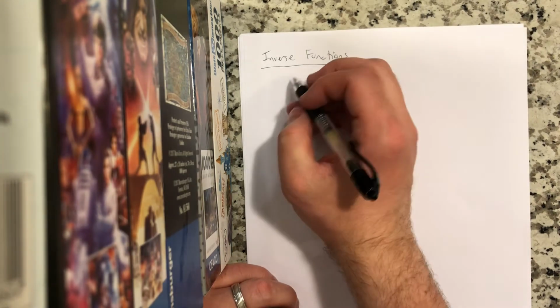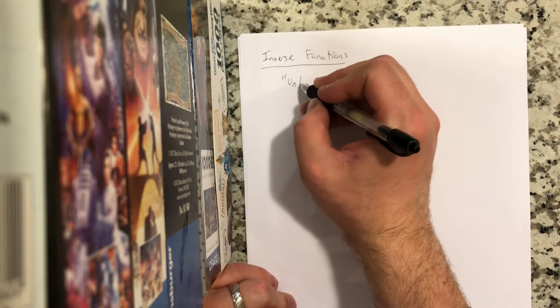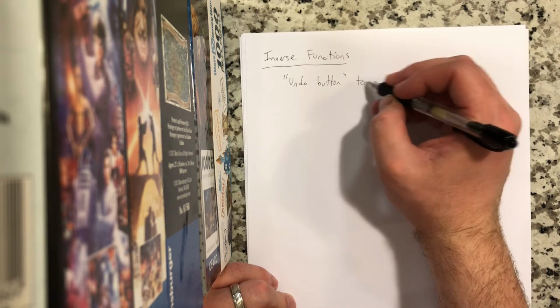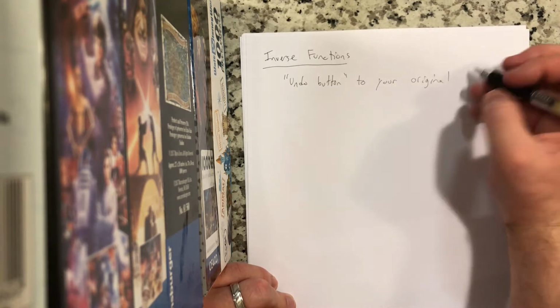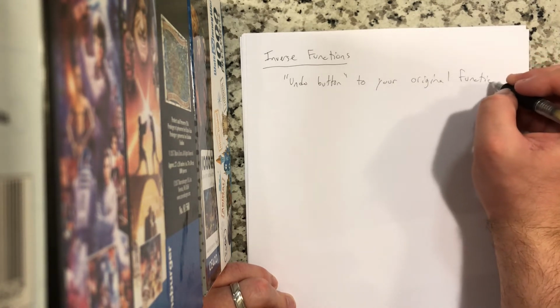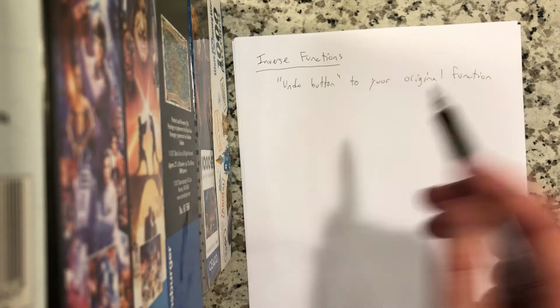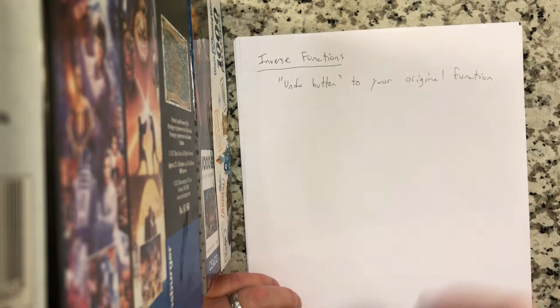So basically what an inverse function does is it's an undo button to your original function. So whatever your original function does, this kind of goes backwards and would solve it in the opposite way.